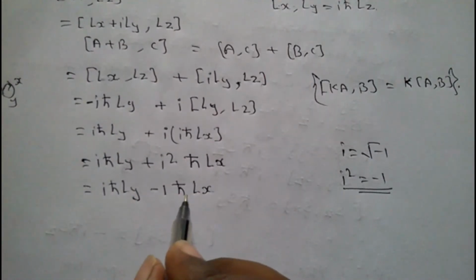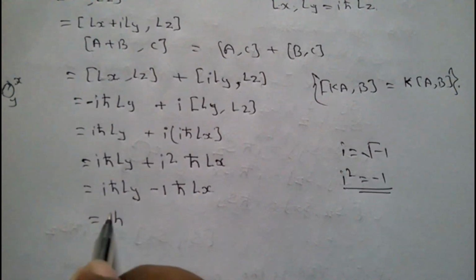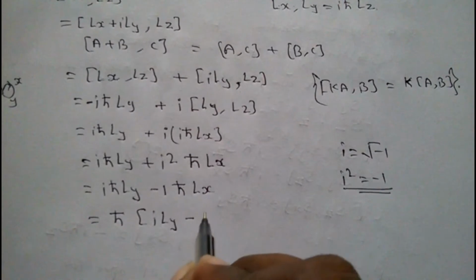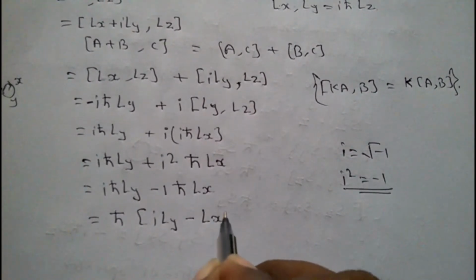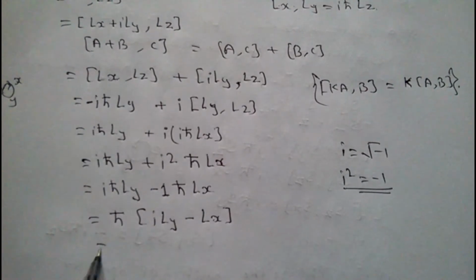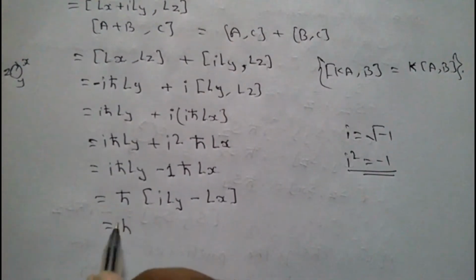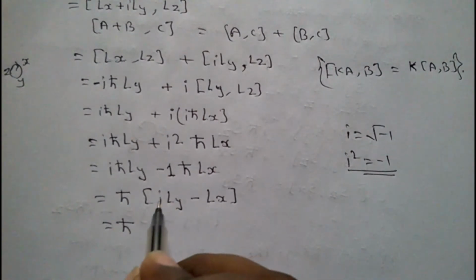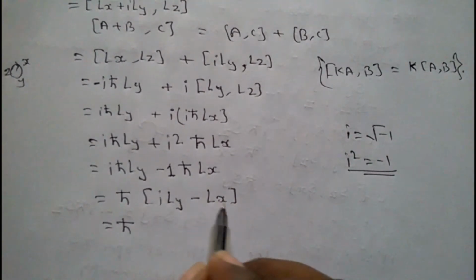Now taking h cross common, we get i Ly minus Lx. So we get h cross, and this is i h cross, i Ly minus Lx.